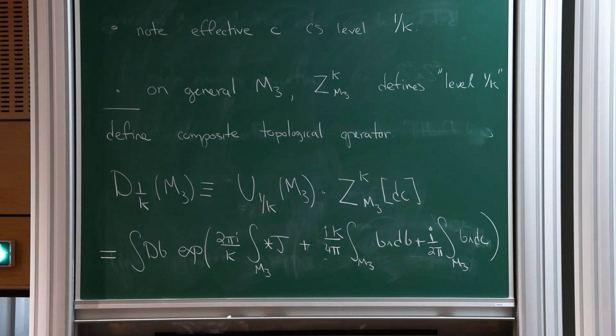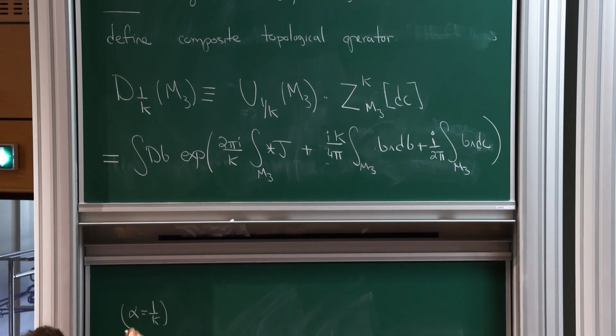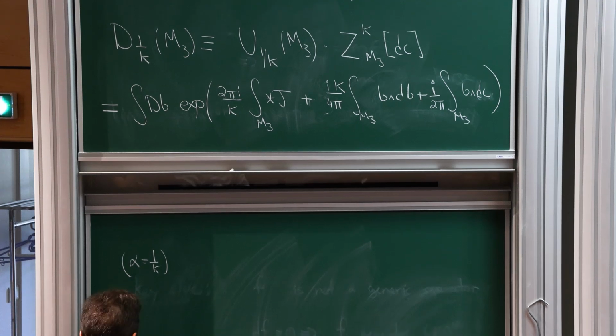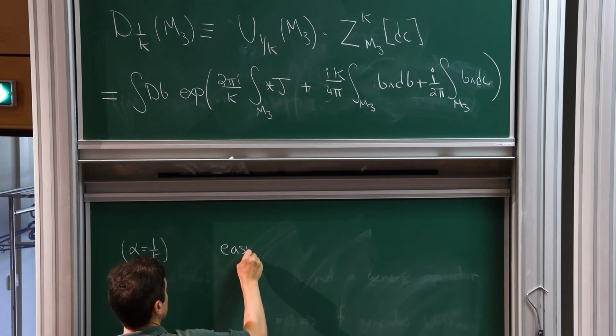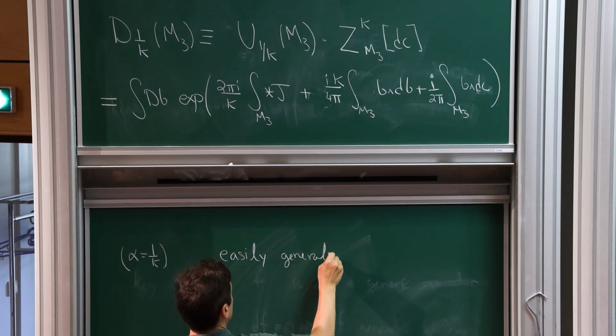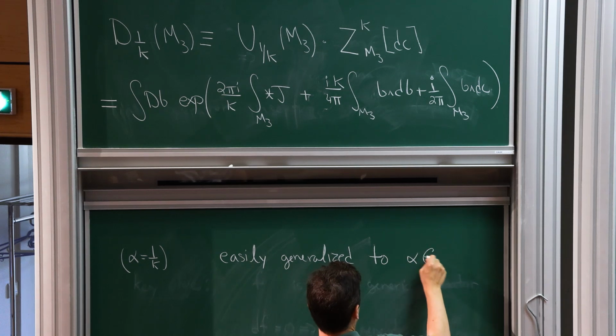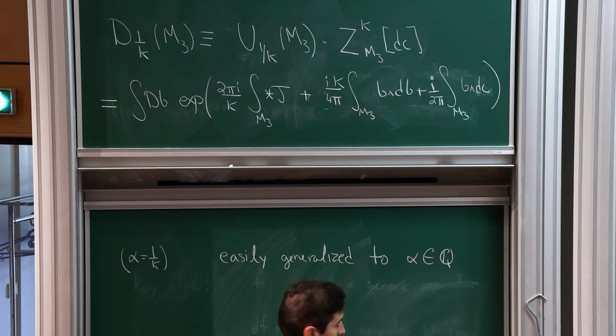Now this, I did it here for alpha. This was the case alpha equals 1 over k. It's easily generalized to alpha rational, though I don't really want to discuss it explicitly.